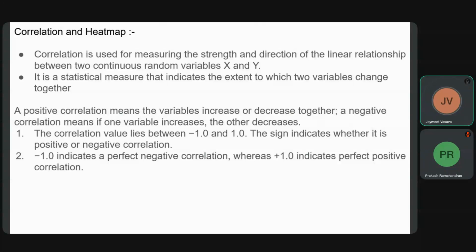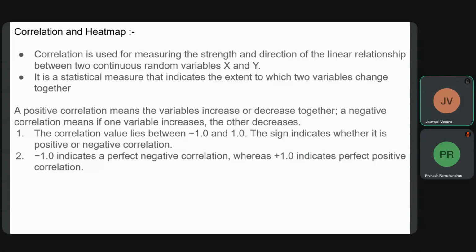We will study about the correlation and the heat map. Correlation is used for measuring the strength and direction of the linear relationship between two continuous random variables x and y. It is a statistical measure that indicates the extent to which two variables change. A positive correlation means the variables increase or decrease together.